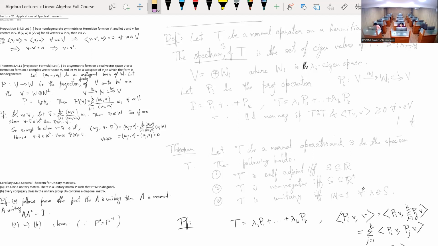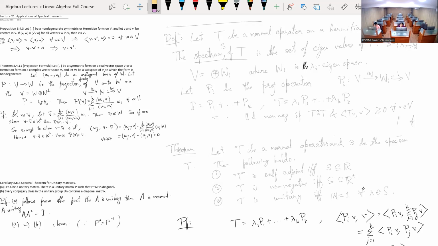Okay, then. So we know that if T is a normal operator, then V contains an orthonormal basis consisting of eigenvectors of T. So you can write V as a direct sum of Wi's, where Wi is the lambda i eigenspace.